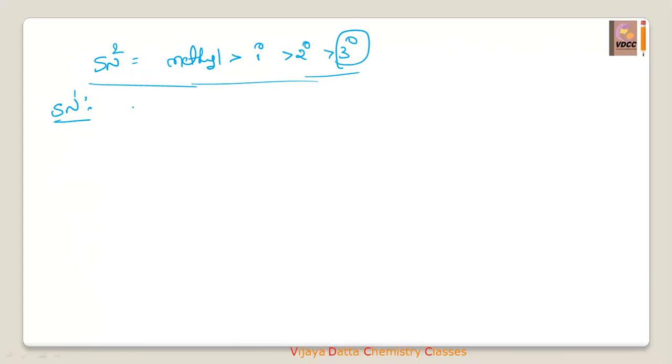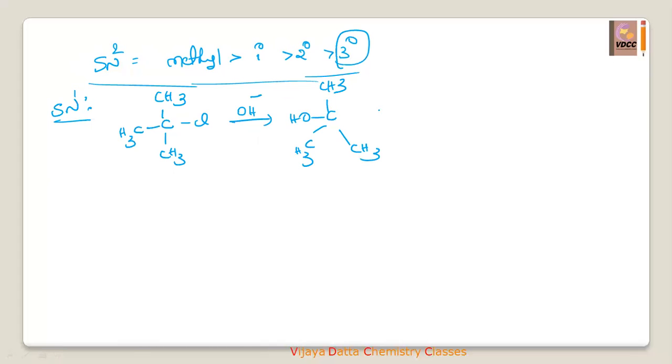First of all, I'll write the reaction of SN1. See here, I'm taking the tertiary group, (CH3)3CCl, right? With OH minus, it gives you two products: (CH3)3COH, this is one, plus (CH3)3COH, plus Cl minus.